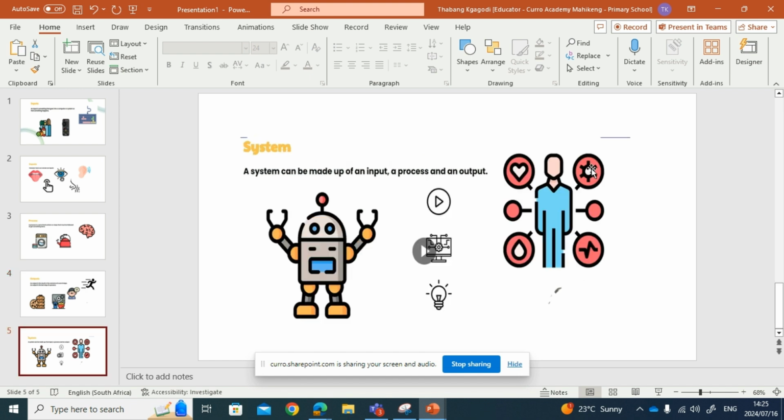Then we go to systems. We said a system can be made up of an input, a process, and an output. An example of a system that I know is Google. If, let's say, you want to listen to your favorite song, on the search engine on Google, you have to have the input there. You must type something in there.